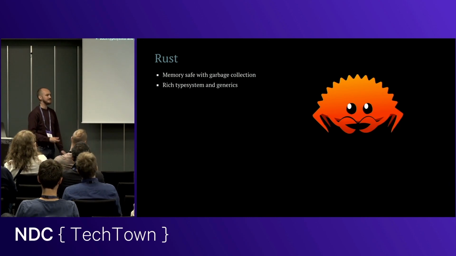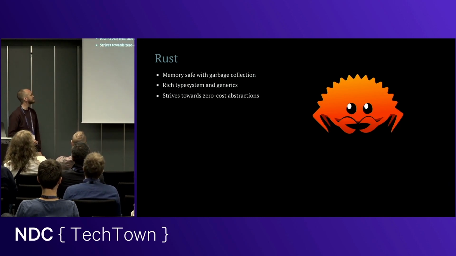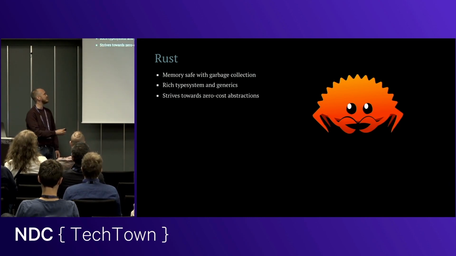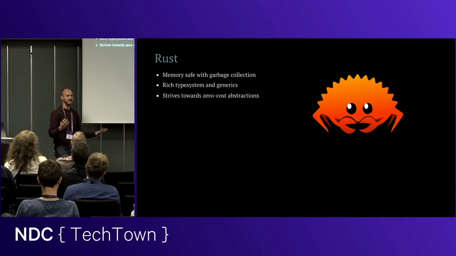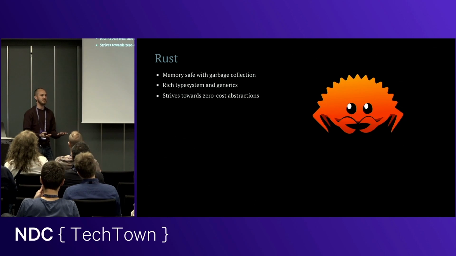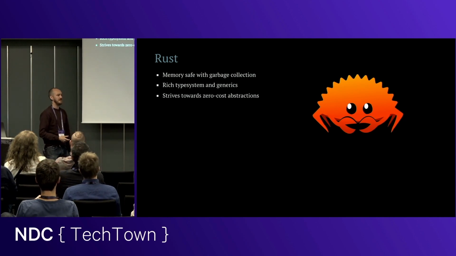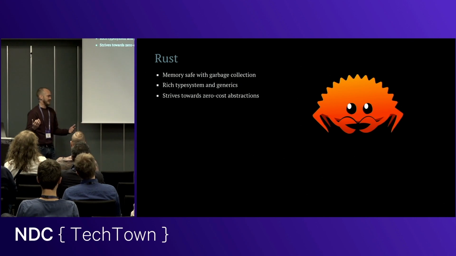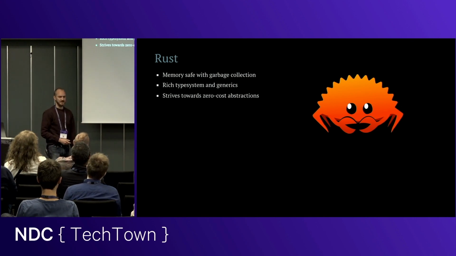Rich type system, generics, all the modern stuff. It strives towards zero-cost abstractions, so the abstractions should be as good as if you did it by hand. The aim is not to have an overhead. That's why Rust is a good fit for a small microcontroller.